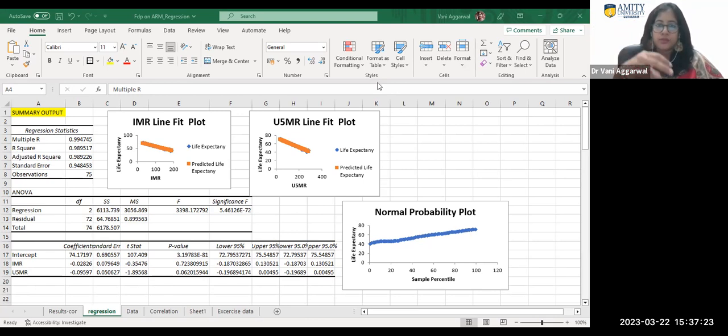So this is basically the coefficient of correlation, multiple R. Like when we do it manually, we say Karl Pearson coefficient of correlation. There are two methods we used to study in graduation or post graduation to calculate the coefficient of correlation. So here in the summary output of regression analysis, this multiple R says your coefficient of correlation.